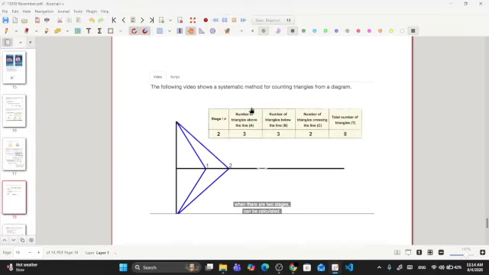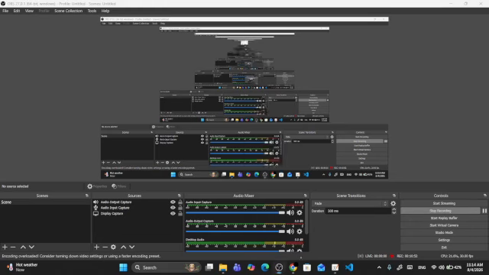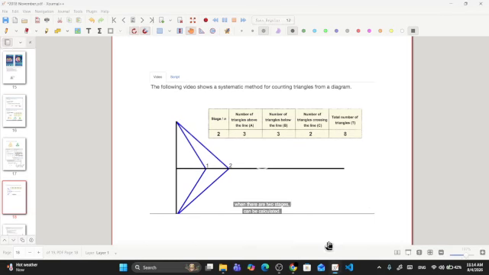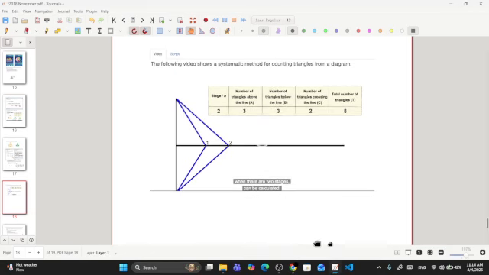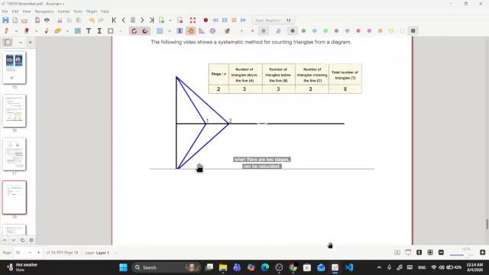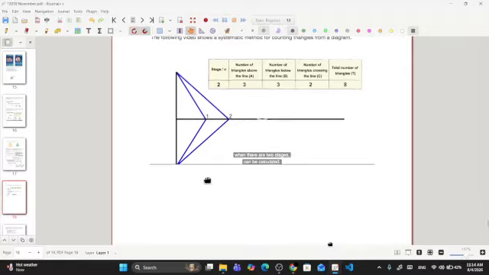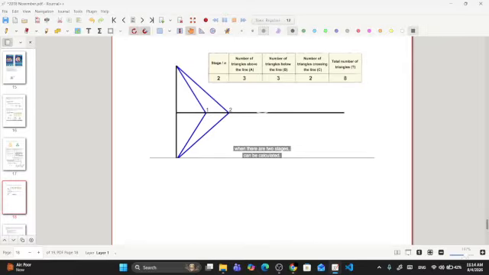The following video shows a systematic method for counting triangles from a diagram. Okay, so when there is stage 1, we are shown that there are two triangles. Now stage 2, the number of triangles above the line A is basically 3.